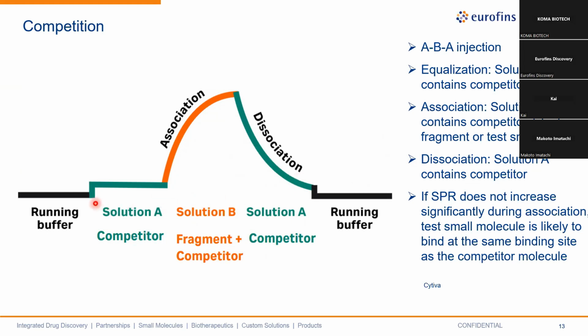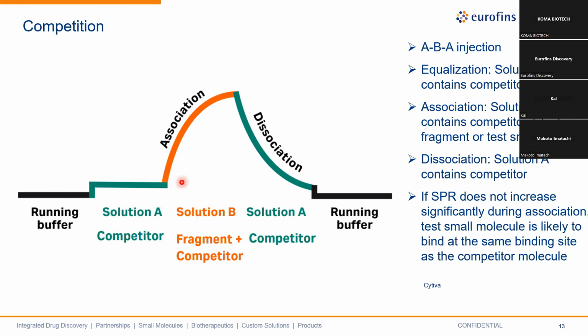So as you can see, in the equalization phase, your competitor should bind most of your binding pocket on the target protein, on the ligand, right? Most of your binding pocket has been filled with this competitor molecule.